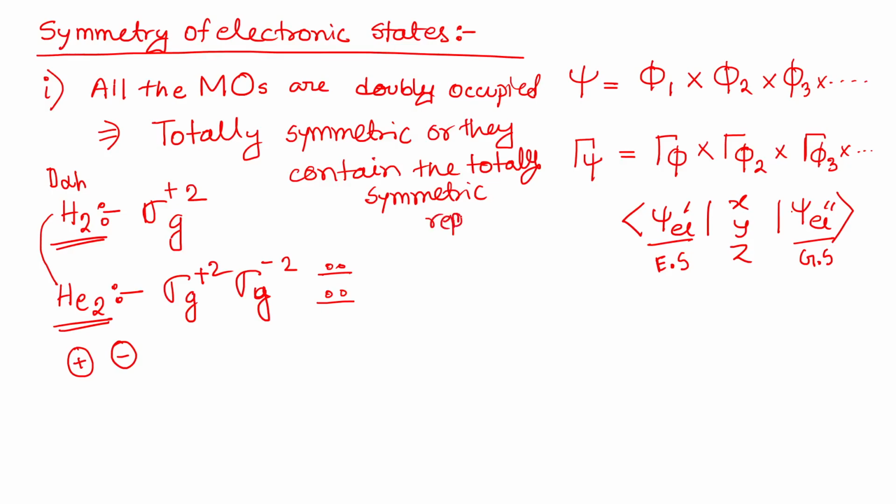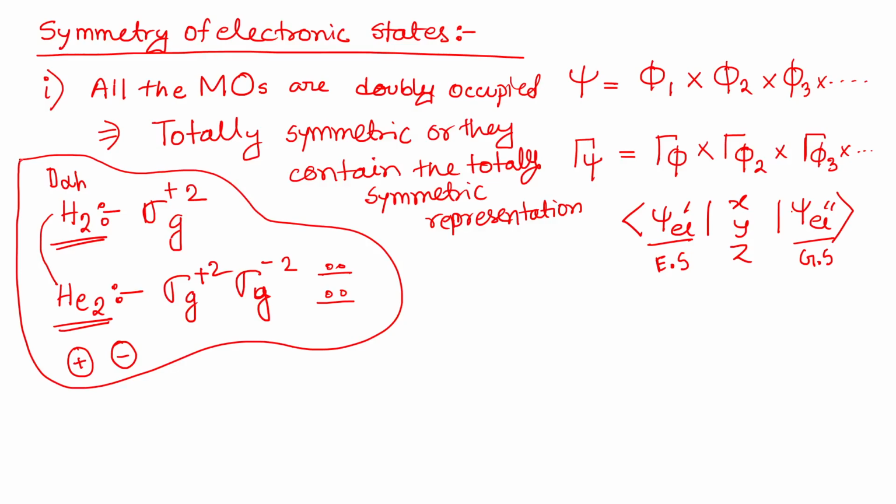So that's why, when my orbitals are filled up, I don't bother about thinking of them, right? I have to think about which of the orbitals are not filled up. That is going to be my concern, that is going to decide what my electronic state is going to be, right?